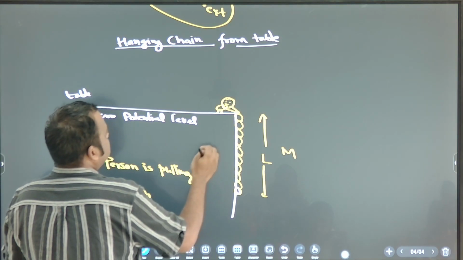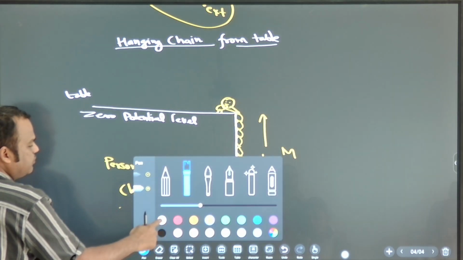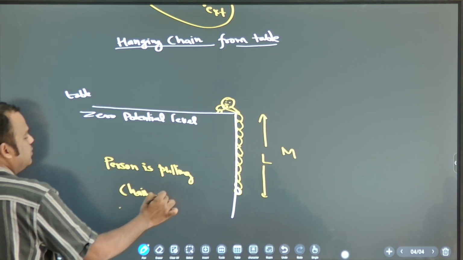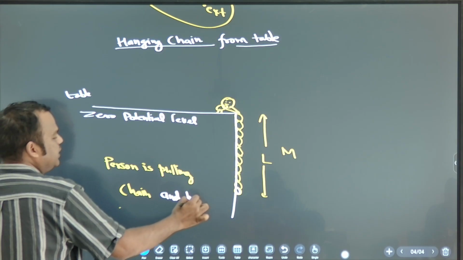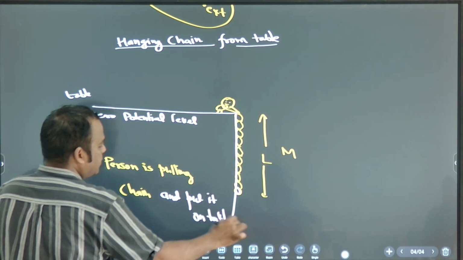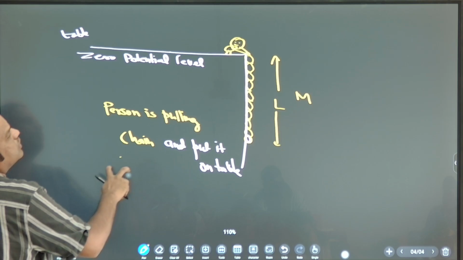So how much work is done by the person? That is the question. The person is pulling the chain and putting it on the table.